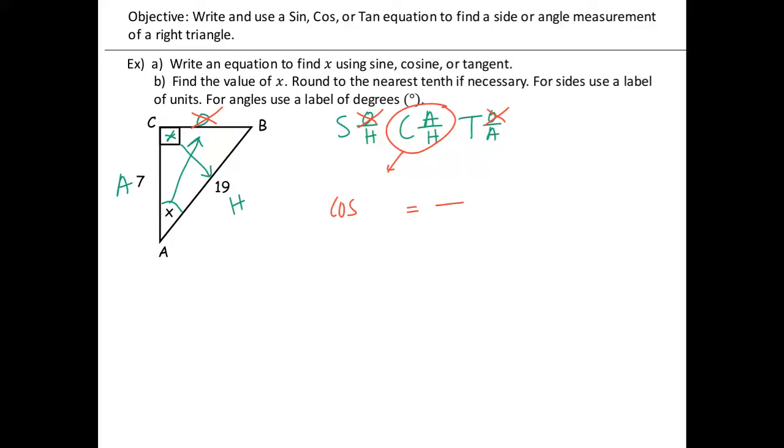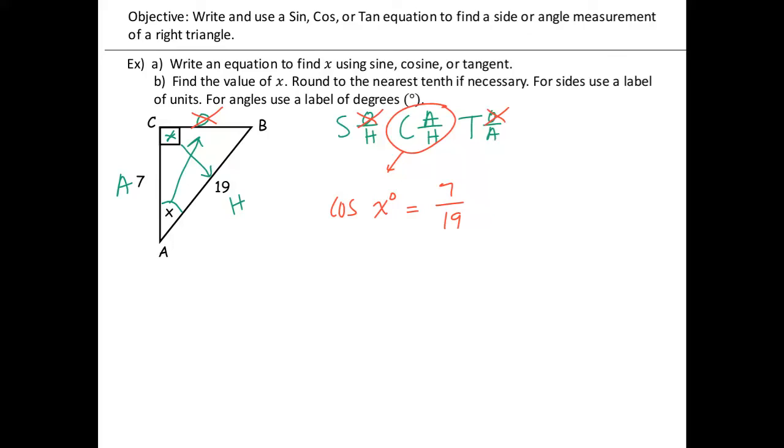Lefties, tell your partner what you wrote for your equation. All right, Daniela, what did you write for your equation? 7 over 19. Good. You guys all got that?